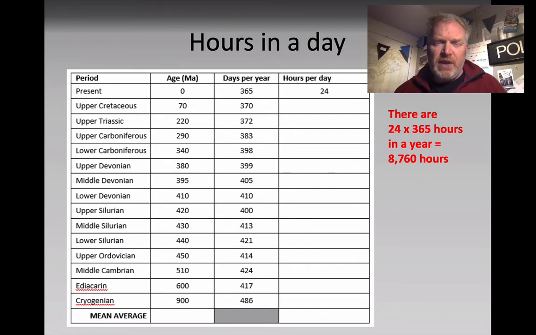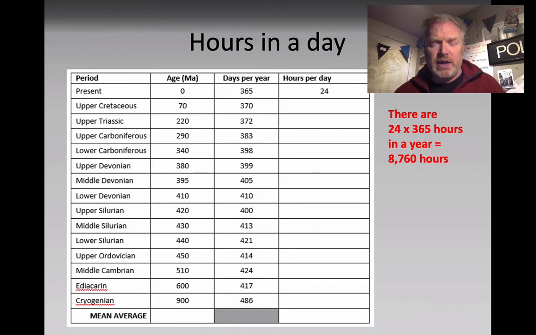Now, if the Earth is spinning on its axis more rapidly, we'll be able to fit more days into that year. That number of hours will be divided up differently. So what I'd like you to do now is complete this table by working out how many hours there are per day at each of these times in the past.